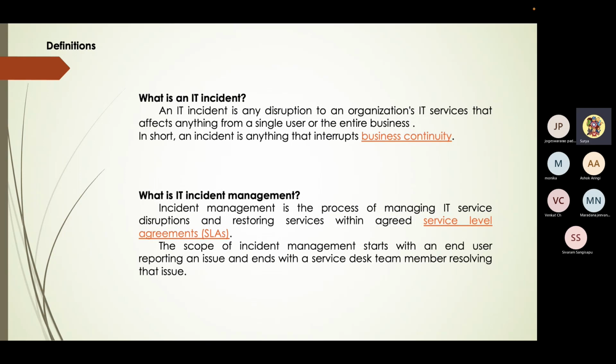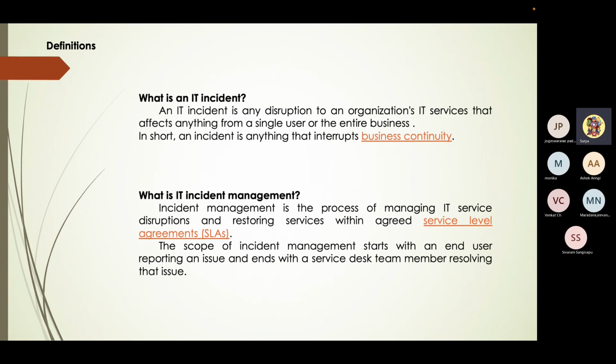Any interruption in our daily life can be considered an incident, but those which happen in the IT industry are called IT incidents, because we are going to be in the IT industry, right? So we will only talk about IT incidents, not regular political or other incidents. And the next key thing is IT incident management.